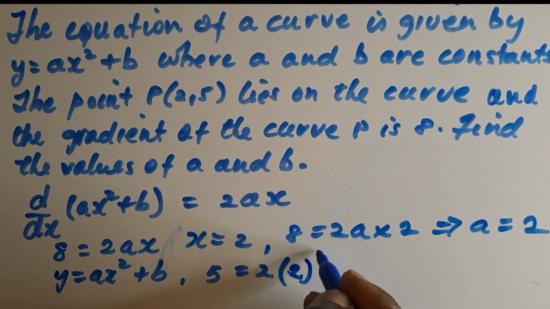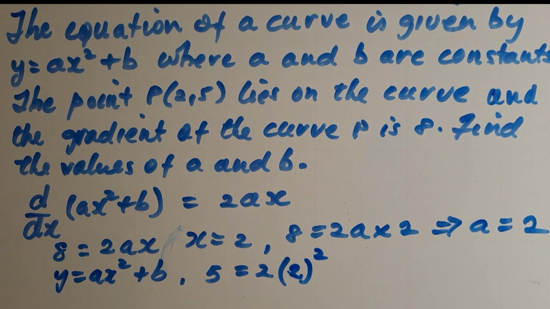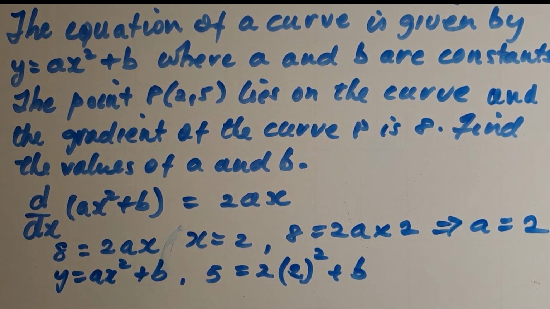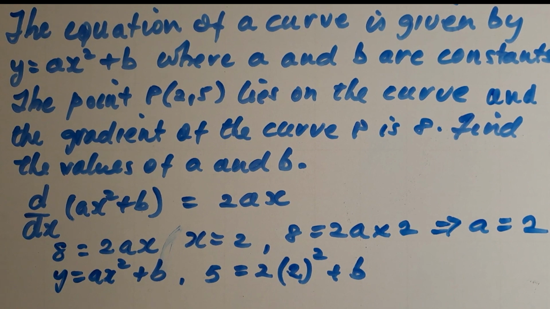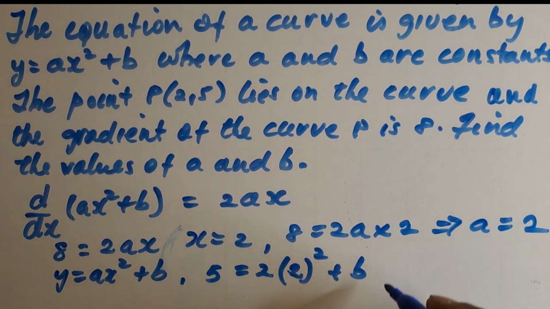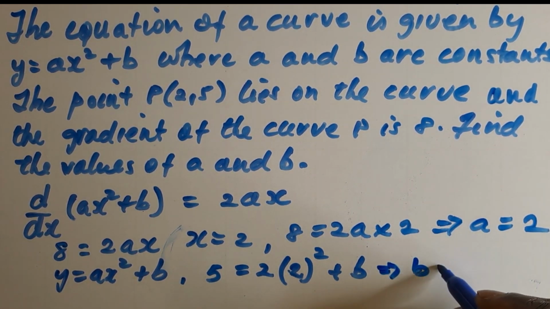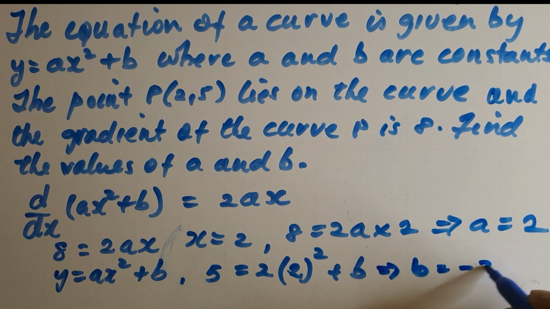So it's 2 squared add b. And this allows us to find b, which 2 squared is 4, 4 times 2 is 8. So you have 8 add b is equal to 5. And this implies that b is equal to -3.